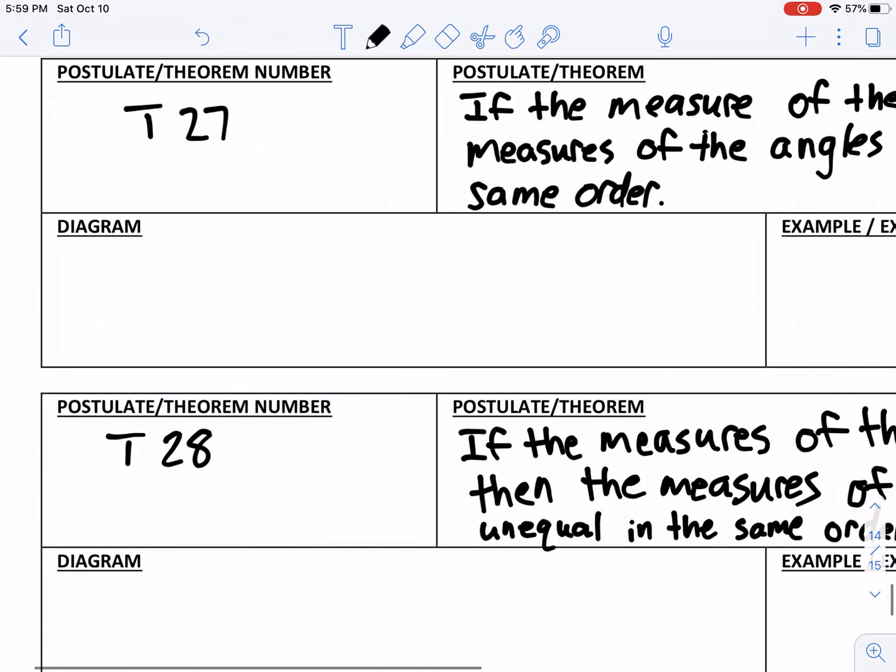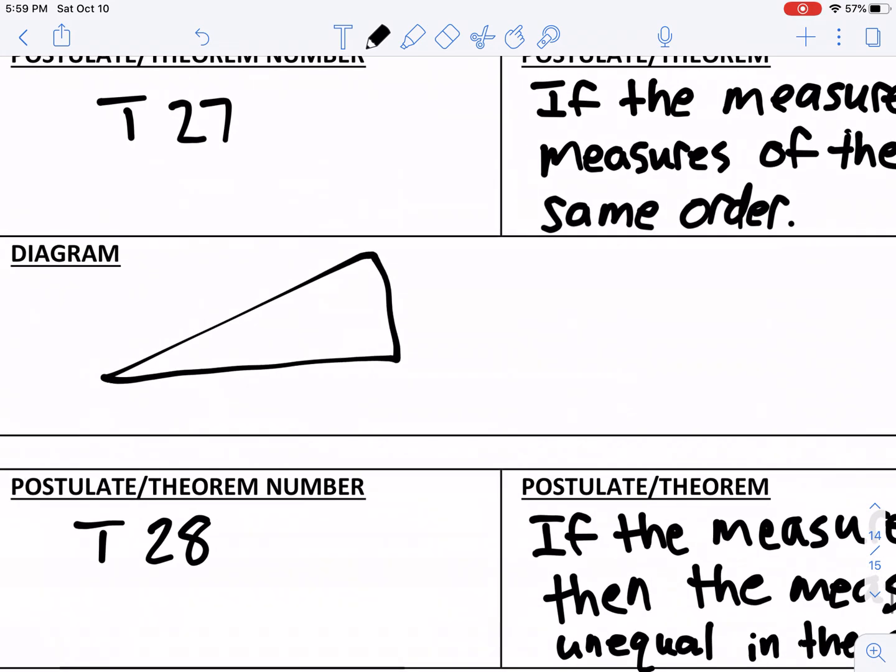So in T27 here, maybe I have some triangle like this, where we have M, P, N, and let's say this side is 6, this side is 18, and this side is 11. Notice all the sides have different measures.